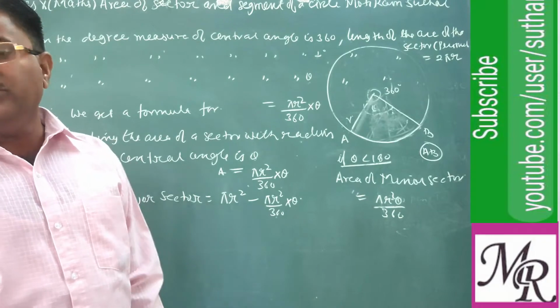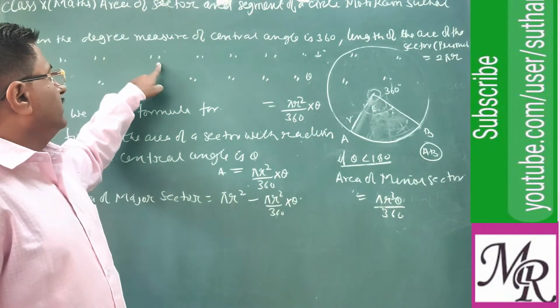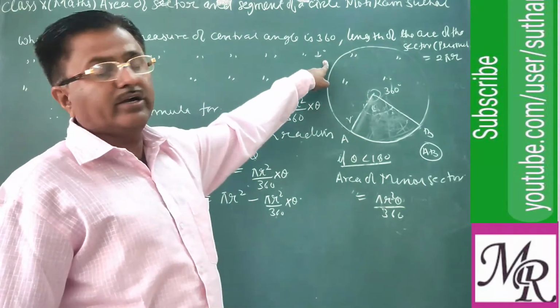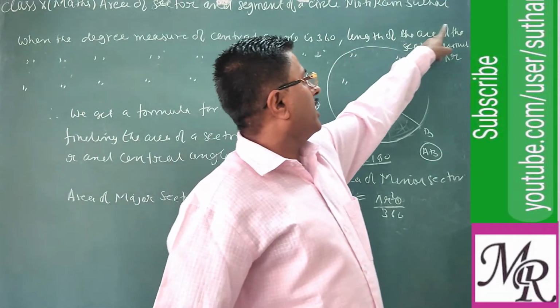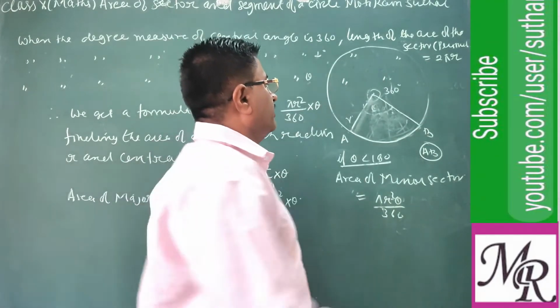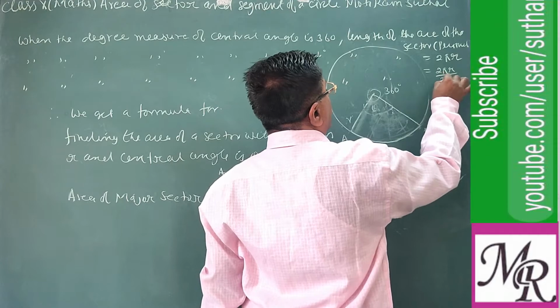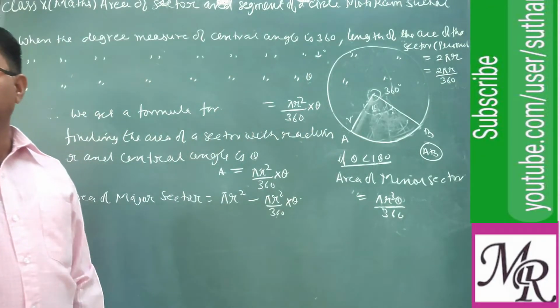Now we use the unitary method again. When the degree measure of central angle is 1 degree, the length of the arc of the sector, again by unitary method, is 2 pi r upon 360.